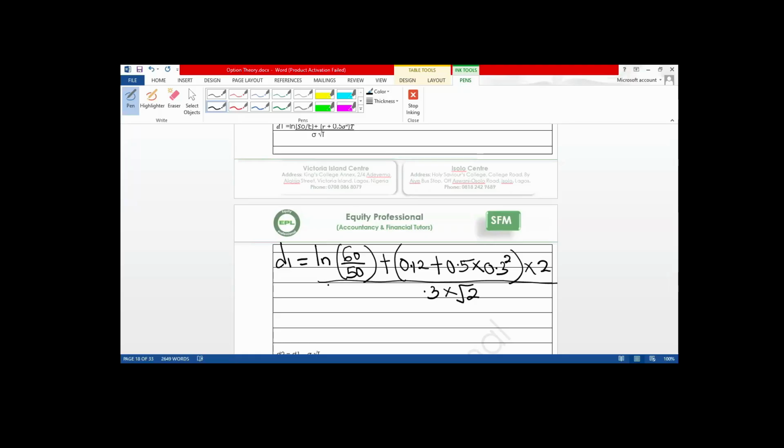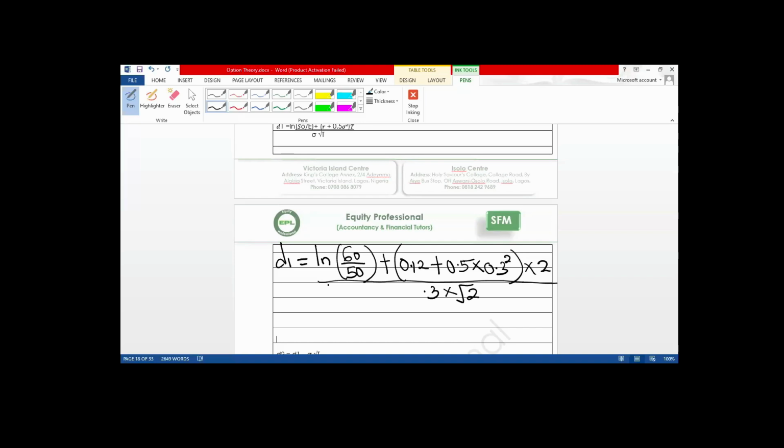Please apply your calculator and give us D1. On your calculator, look at where you have ln. 60 divided by 50. Close your brackets, plus open another bracket. 0.12 plus 0.5 multiply by 0.3 raised to power 2. Close your brackets, multiply by 2.